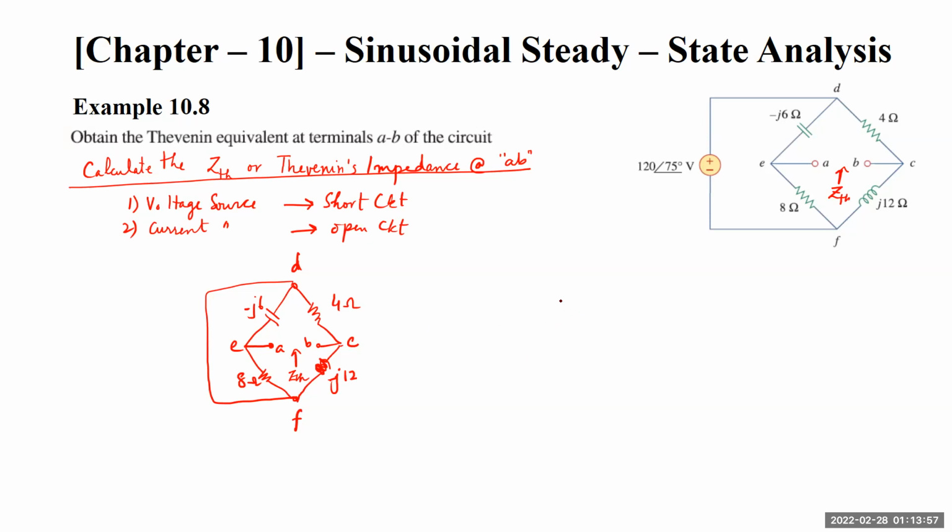It can be drawn in a way like this. This is 8 ohm. You can take this side of 8 ohm and move it over here. So this 8 ohm becomes in parallel with j6.